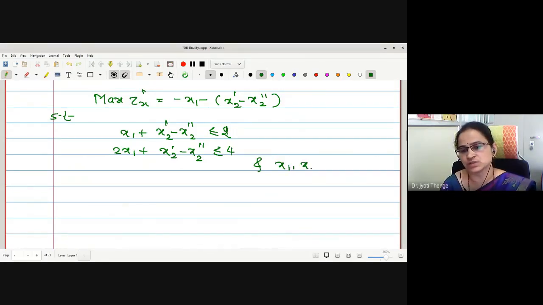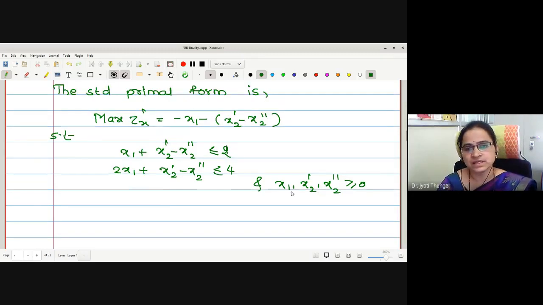The variables used are x1, x2 dash, x2 double dash, all three non-negative. Is it the standard form or not? Objective function maxima, all constraints less than or equal, and the variables non-negative.